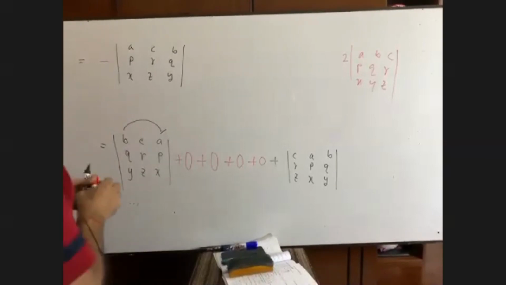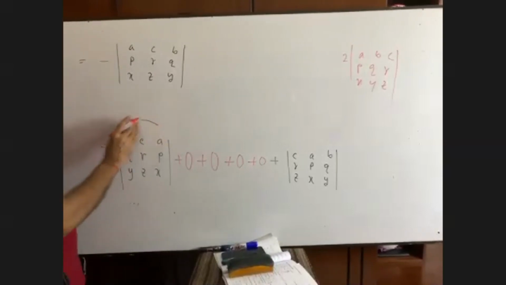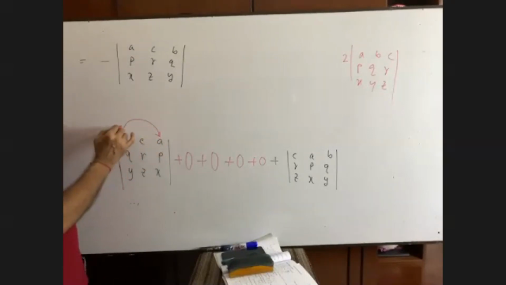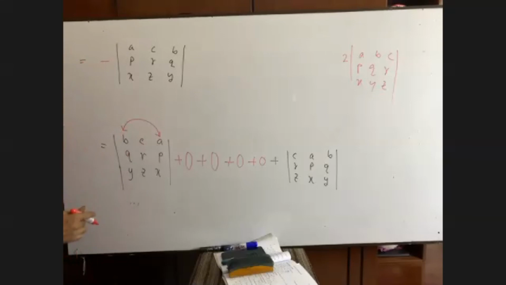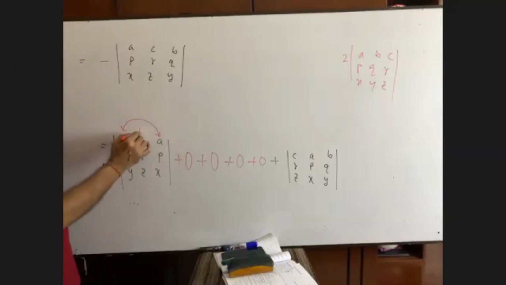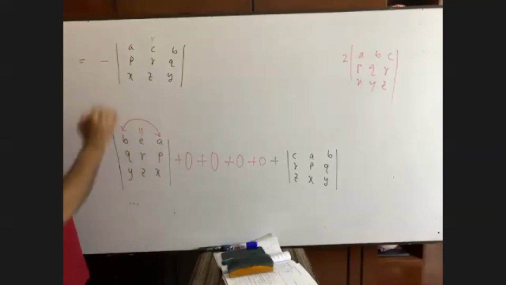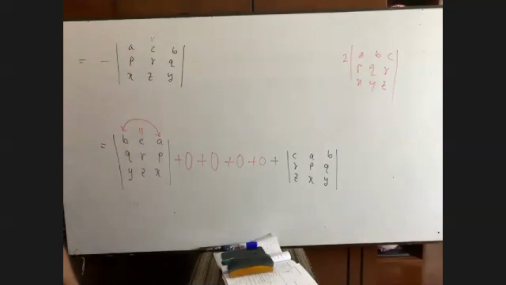I have only exchanged this column one time. So there is only one minus sign. It has been taken first and it has been taken last. At last. Okay? This is as it is. This is as it is. Have you got or not? Yes, sir.